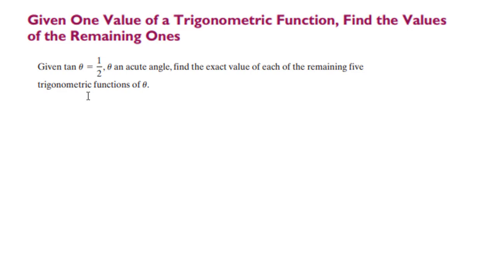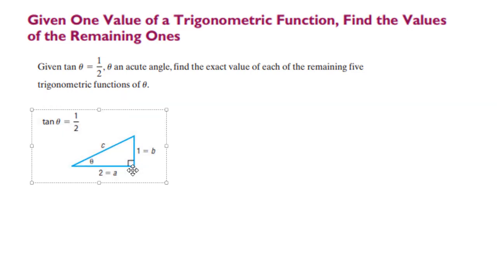Then the value that I don't know is my hypotenuse. I can draw something like this, where tangent of theta is 1 over 2, then 1 is opposite to theta, and 2 is adjacent to theta, and the value that I don't know is the hypotenuse. How can I find it?